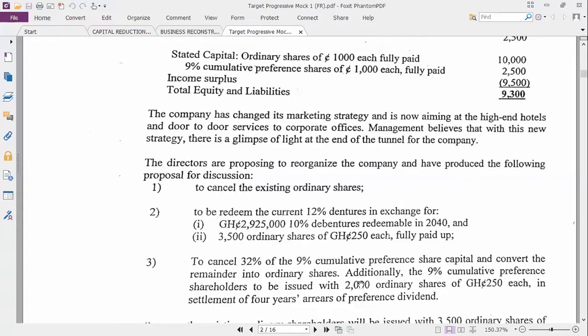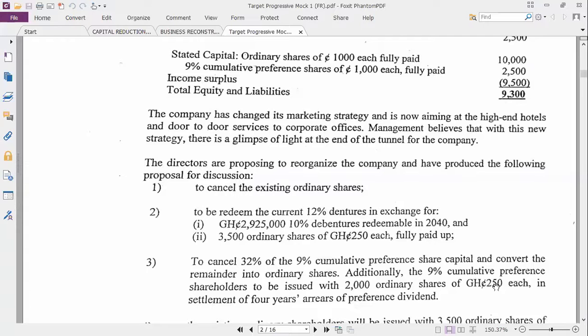First of all, we have to get the total value of the amount that we are paying them. We are giving them 2,000 shares, each worth 250. So when you multiply, 2,000 by 250 gives us 500,000, right? So we are paying them 500,000 to settle all the dividend in arrears.